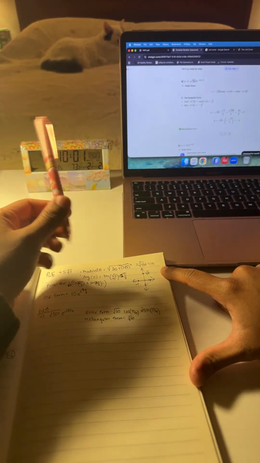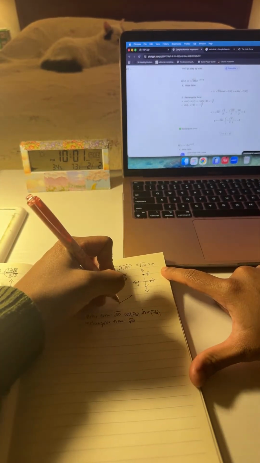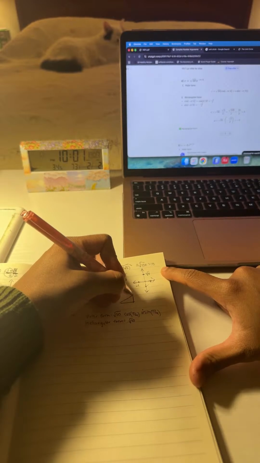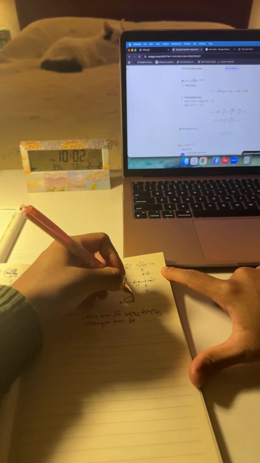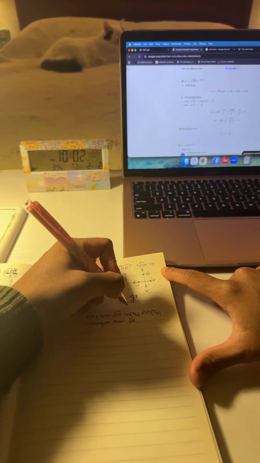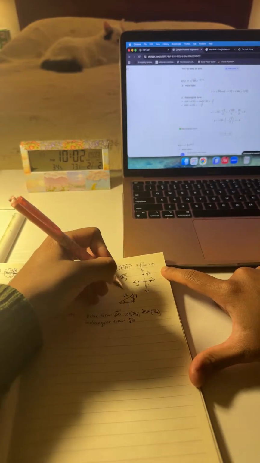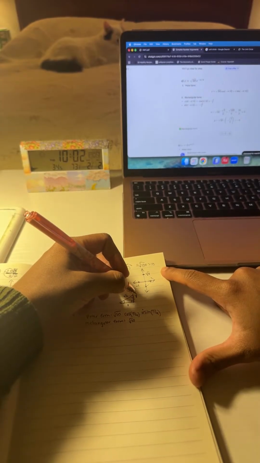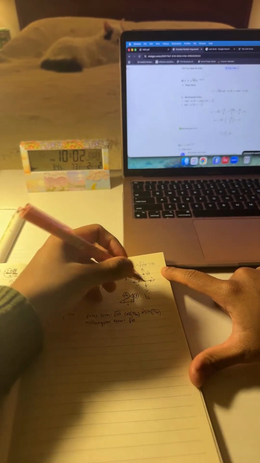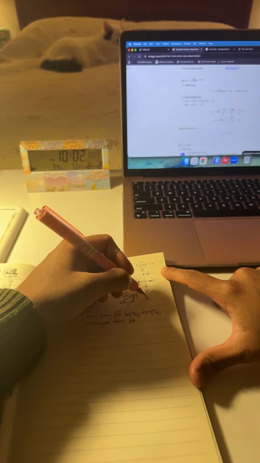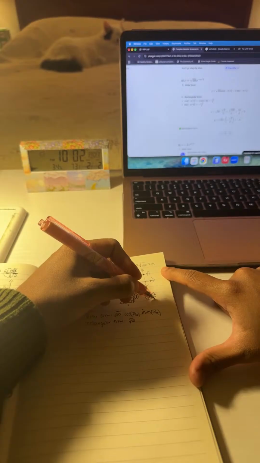So a 45-degree triangle looks like this for cosine, right? 45, 45, 90. So the sides would be 1, 1, and then root 2. And for cosine, it's adjacent over hypotenuse, which is 1 over root 2. We don't like the roots in the denominator, so that'd just be root 2 over 2.